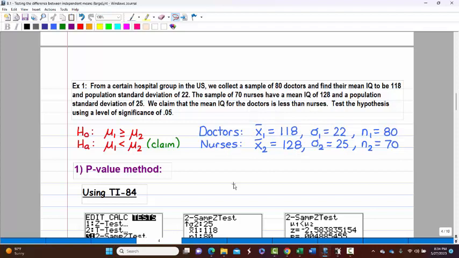If we claim that the mean IQ for doctors is less than the nurses, that means our claim is that mu1 is less than mu2, and therefore it would pair up with an H0 of mu1 greater than or equal to mu2. So let's take a look at this using the p-value method.